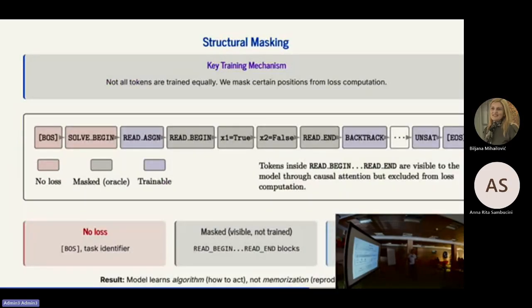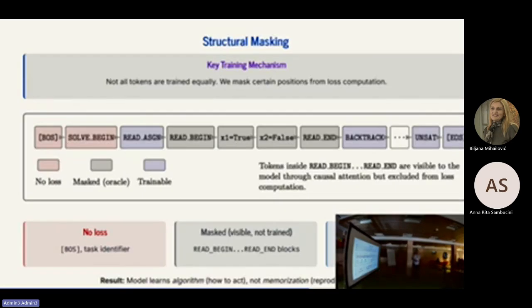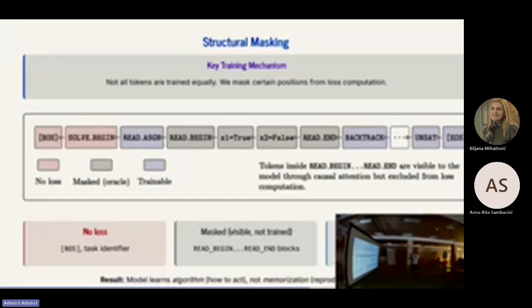The next thing we are using is structure masking. We would like to compute loss only for the trainable tokens. We use our tokenizer, basically with non-English tokens, and use only the tokens from the CDCL trace.